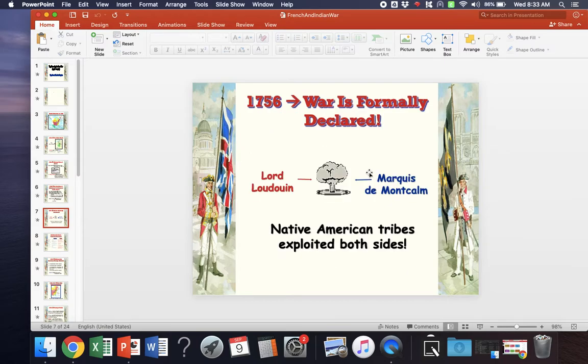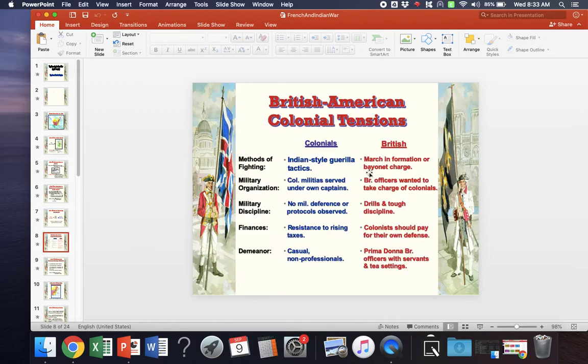In 1756, war is formally declared, and Native American troops exploited both sides. So in this aspect, Native Americans really kind of come out on the better end of the deal in this one, because they're going to work for the best deal for both sides of this.